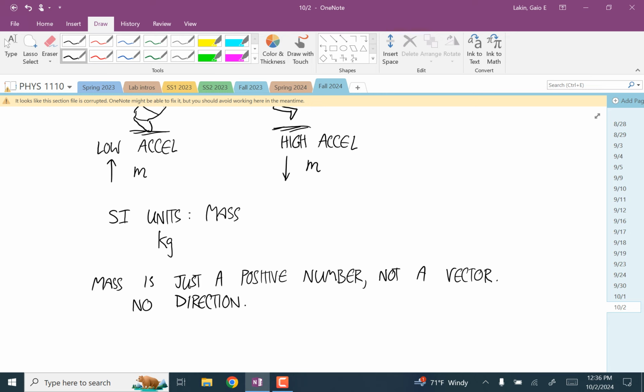The problem is when you're in orbit, there's no apparent gravity, so you can't put them on a bathroom scale and use that to measure their weight and then calculate their mass. So what they do instead is they use this idea of resistance to acceleration. They put them in a machine that applies known forces to them, and then it measures their acceleration, and if they're accelerating a lot, then their mass is down. If they're accelerating a little, their mass is up, and they can do those calculations.